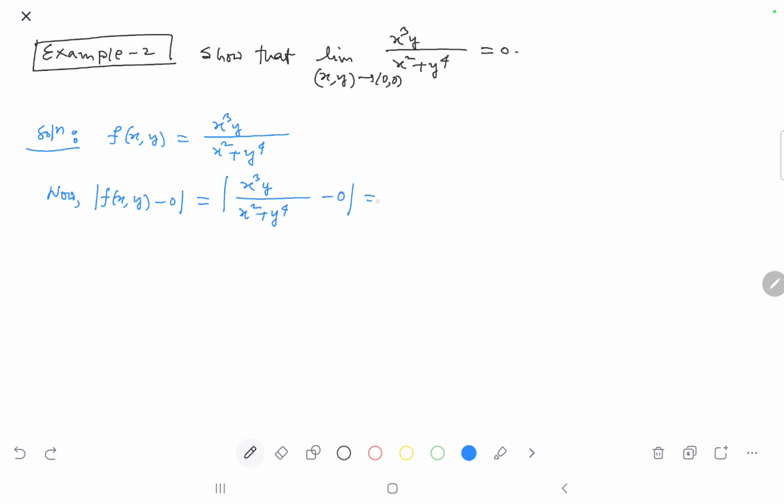So this is basically the absolute value of x square y by x square plus y to the power 4. The numerator x square is a positive quantity, so we do not need to take its absolute value. Very good. Now this is the absolute value of x square times the absolute value of y, divided by x square plus y to the power 4.